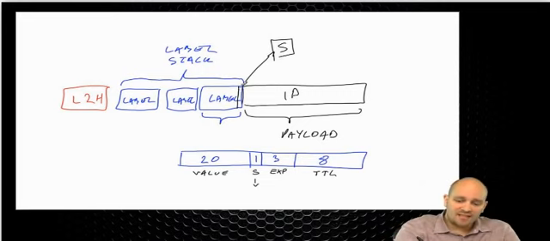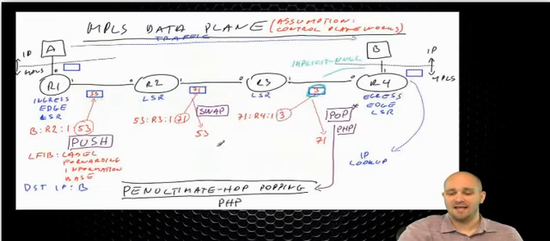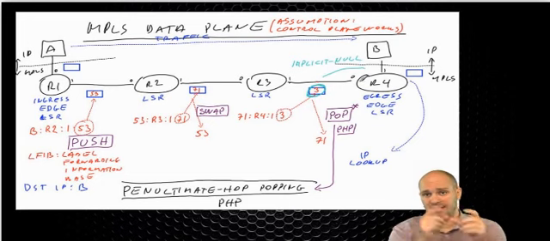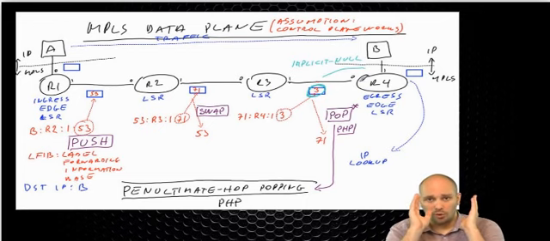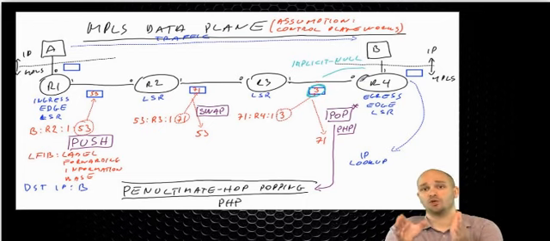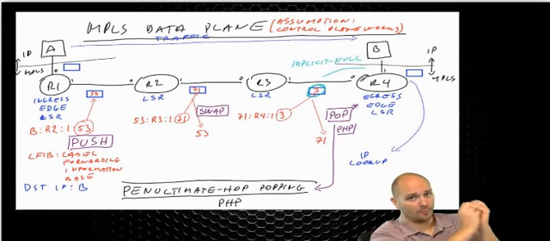Now, what this S bit tells the router when the router receives it, and in this case it will be router R4, is that after you pop this label, after you remove this label, you need to perform an additional operation. You need to know what the payload is and what to do with the payload. So if it's IP traffic, we may need to perform an IP lookup.